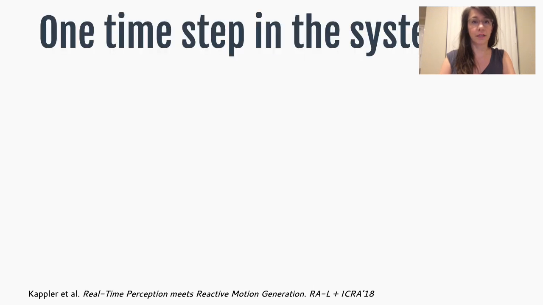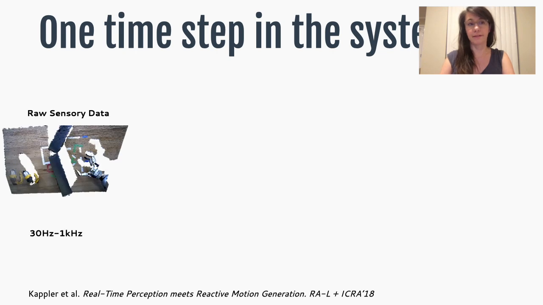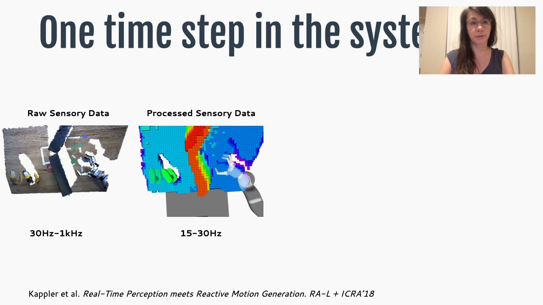To illustrate this, I'm going to show you very roughly how one time step in the system looks. The input to the system is raw sensory data: depth and RGB data on the one hand, but also joint torques and joint angles coming into the system at 1 kilohertz. We use a real-time perception system to process this raw sensory data and provide an occupancy grid map, a pose of the target object, and a pose of the robot arm.